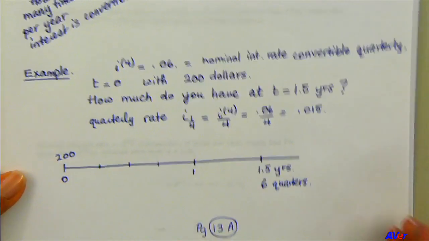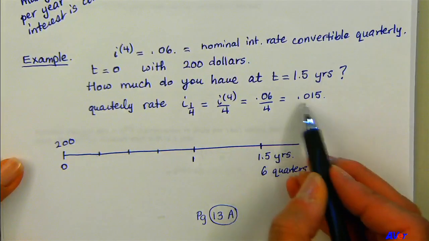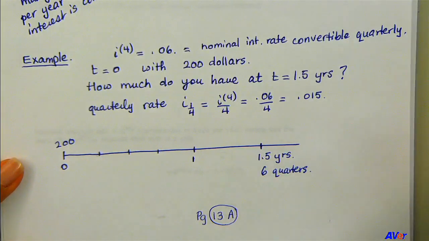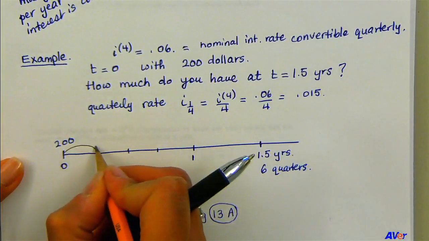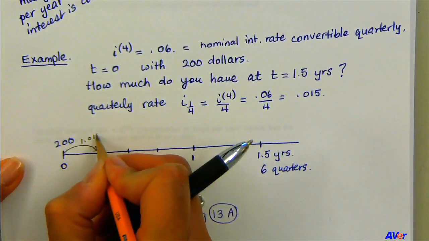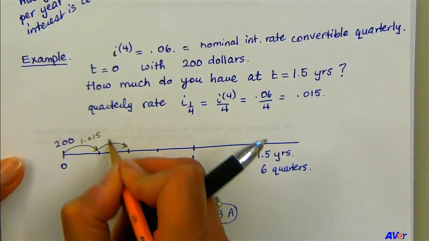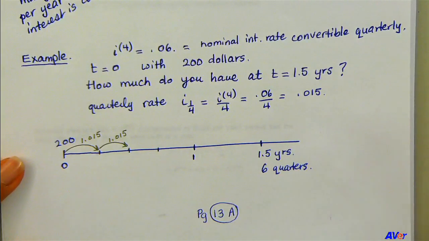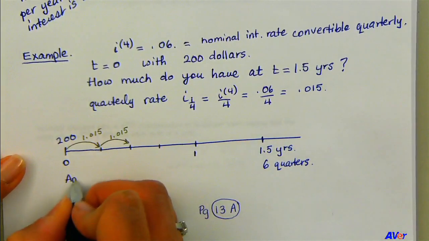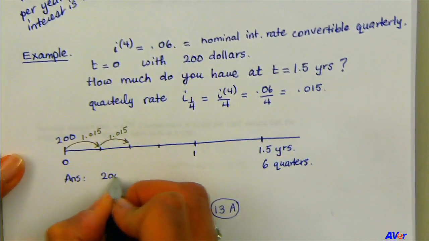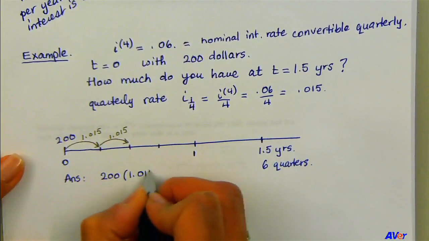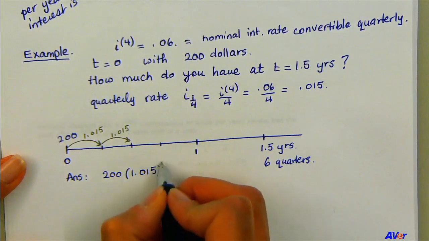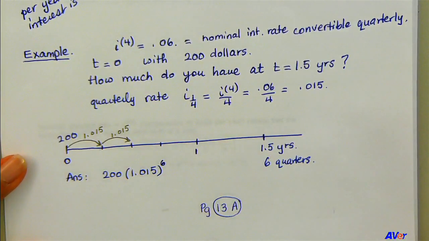This 0.015 is compound interest every quarter, so every time it is 1.015, another 1.015, and these will be multiplied. You follow what's going on? So my answer would be $200 times 1.015 raised to what power? 6. That's what this means. Are you with me?